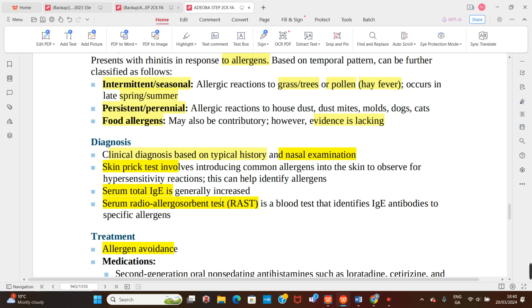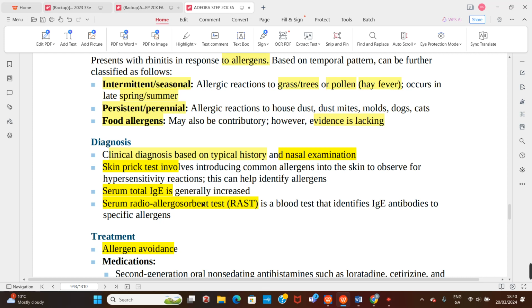So definitely they can react when you inoculate the antigen into the skin. You get that test kit, put all the common allergens there, and check for the one that forms a reaction. Anyone that causes induration, you know that is a particular allergen causing the problem. You want to tell the person to avoid anything that is linked to that allergen.